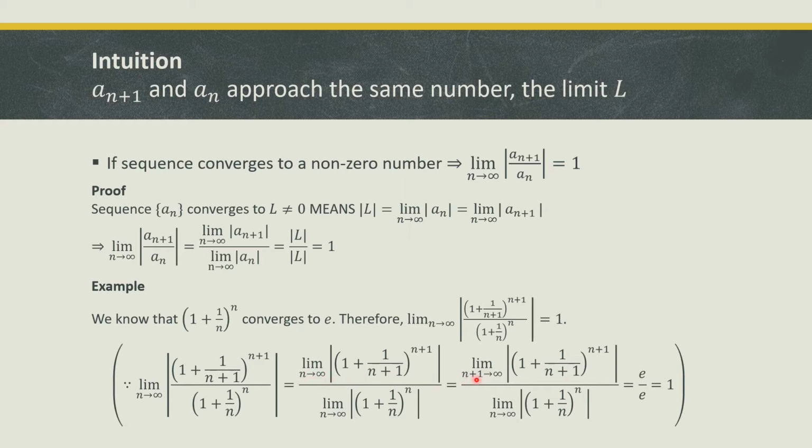If we change that to n plus 1 approaches infinity, now here, here, and here are all the same variables, and so it has the same form as the denominator, and so this numerator also approaches e, and the denominator also approaches e, and therefore e over e equals 1. And so we have a conclusion that is consistent with this statement.